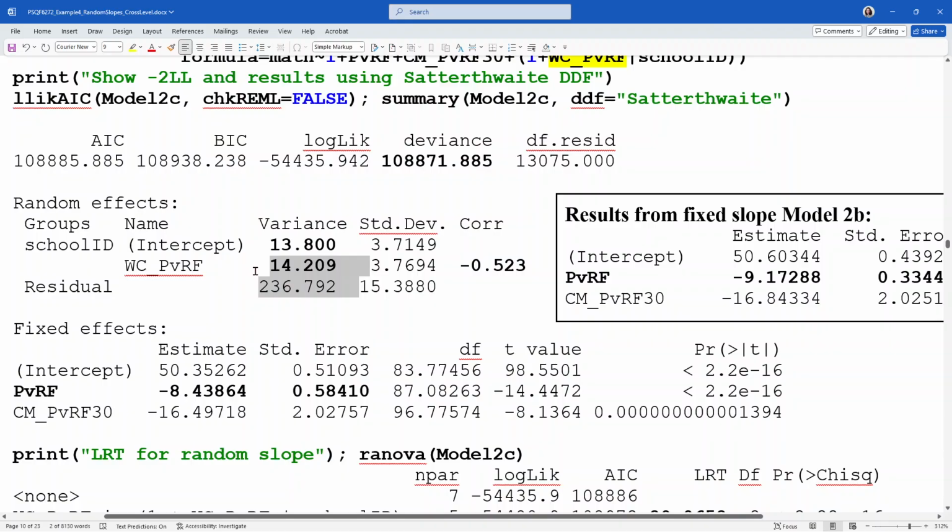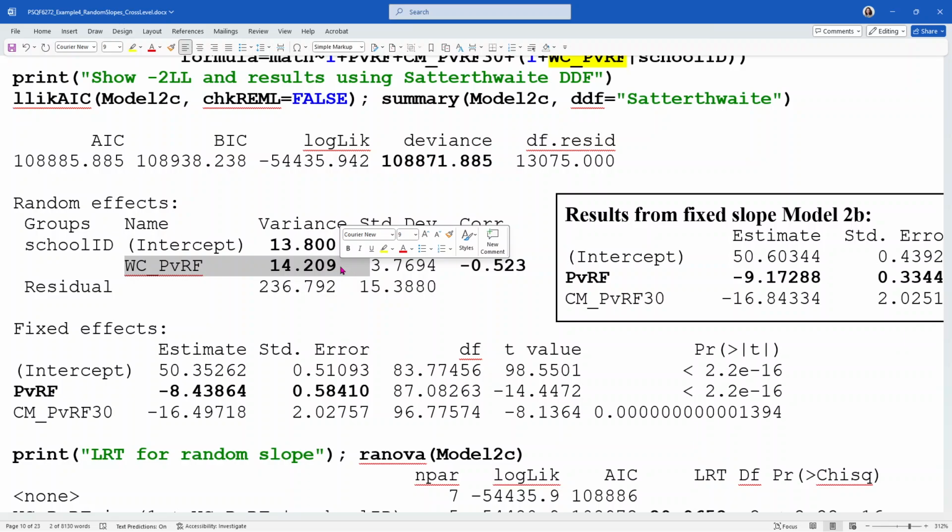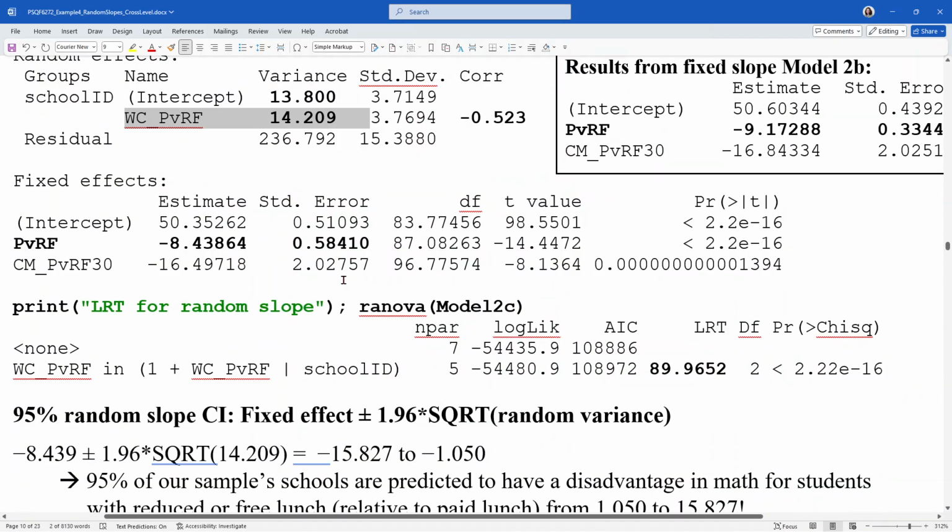And because this intercept is unconditional, whereas in the random slope model, it's specific to this variable being 0. So it's at a particular point. None of the variance components in the empty model have the same contents or interpretation as they do in this one. So to me, this is a new starting point for building models further that would explain this new variance component, the random slope across schools.